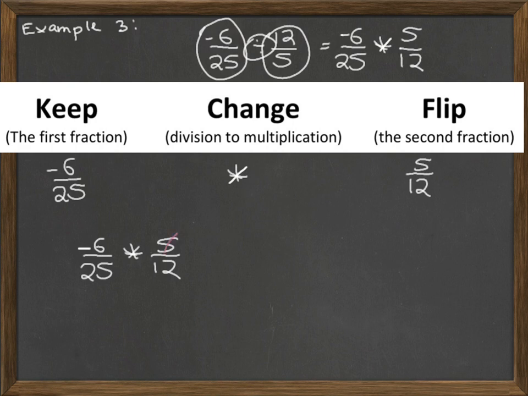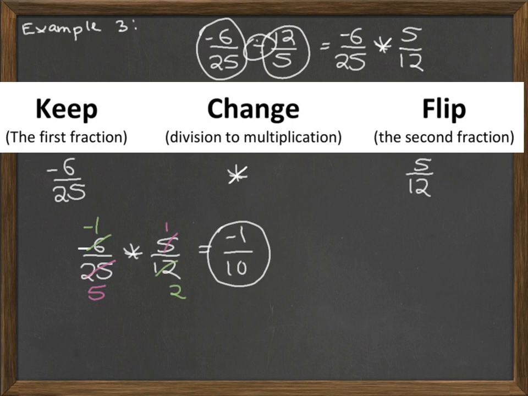So 5 goes into 5 once, 5 goes into 25 5 times. Then 6 goes into -6, -1 time, and 6 goes into 12 twice. Okay, so now we can just multiply across. So we have -1 times 1 is -1, 5 times 2 is 10.